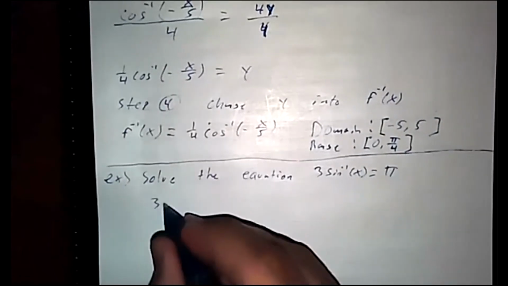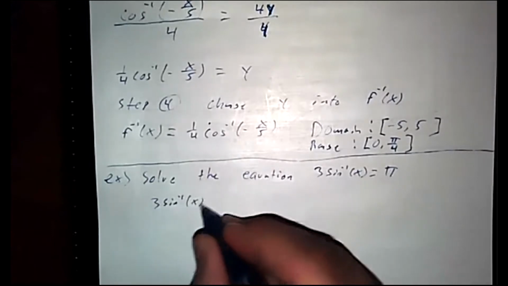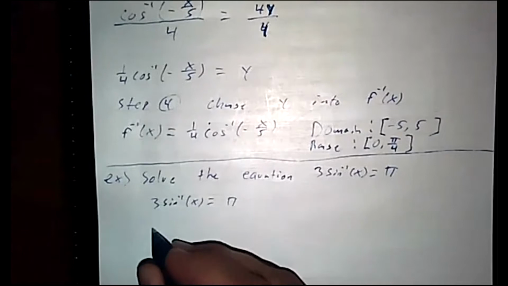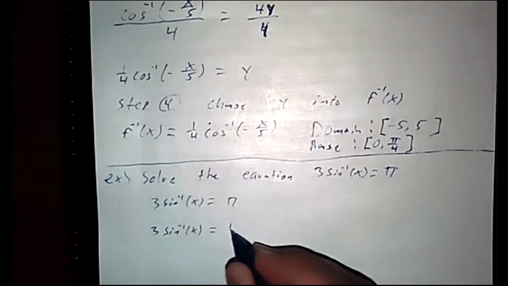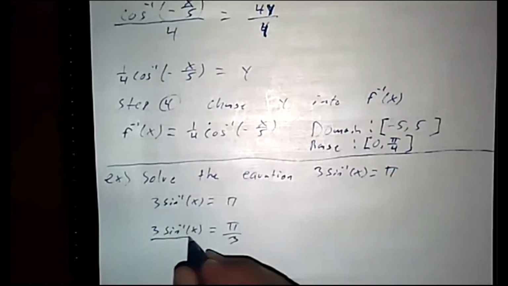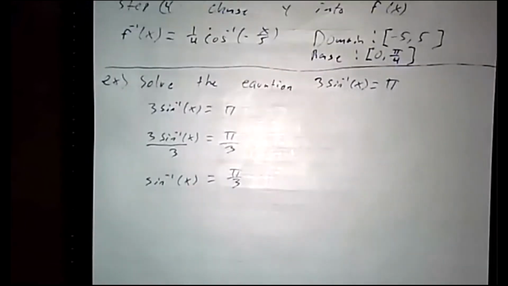Three sine inverse of x equals pi. So solve for x is the question. You have to isolate the inverse trig function first, so you divide both sides by 3, which cancels this 3. Then you introduce sine on both sides.